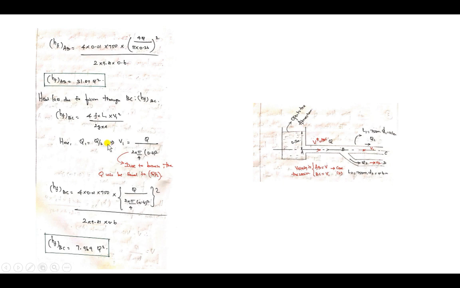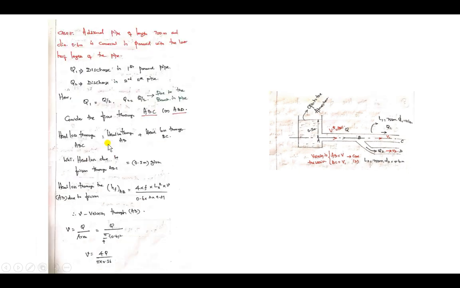In the previous case it was not there. Here in AB the same discharge Q is coming from point A to point B, so we did not put 2 here. But once it comes to BC, it gets divided into 2, so we put 2 here as 2 into area.